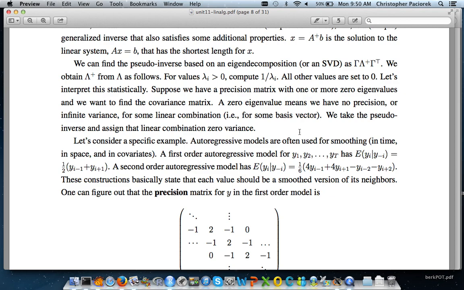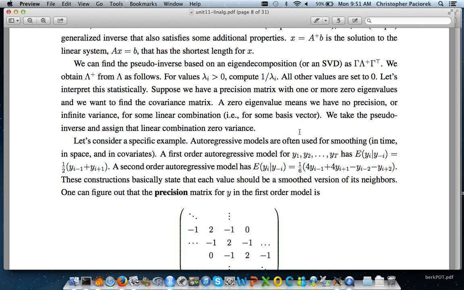So that would be the variance is equal to infinity. So if I were trying to generate, say, y with covariance of y equal to A inverse, the problem is I have infinite variance on at least one of these eigenvectors.